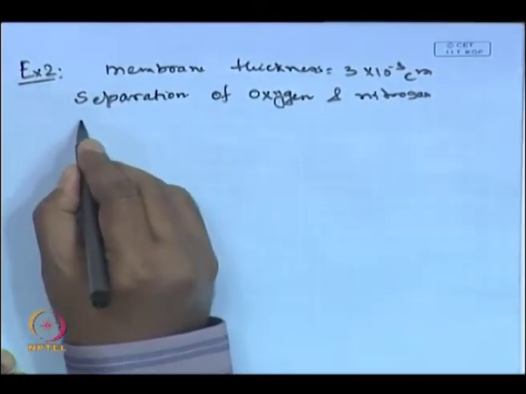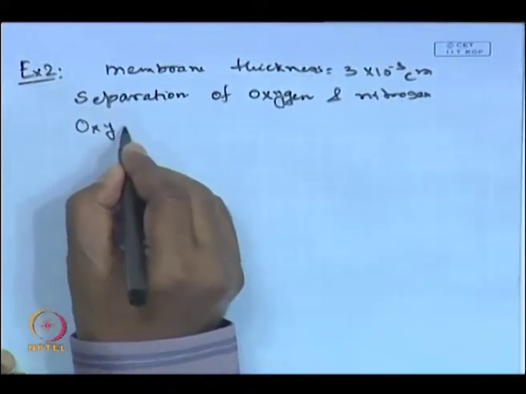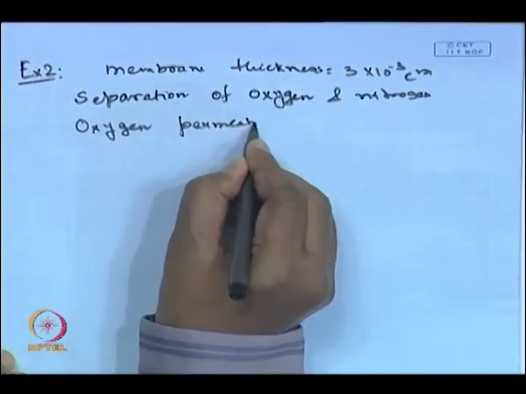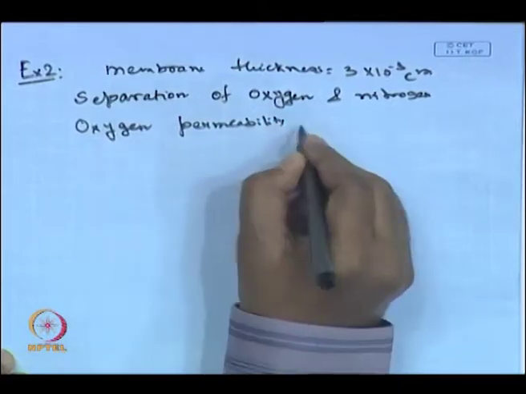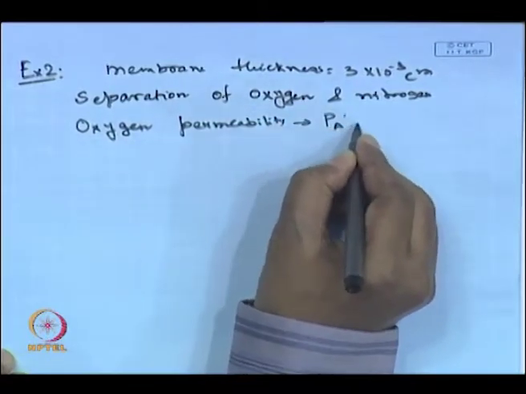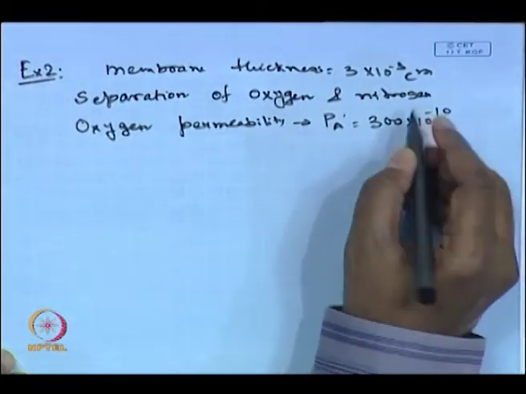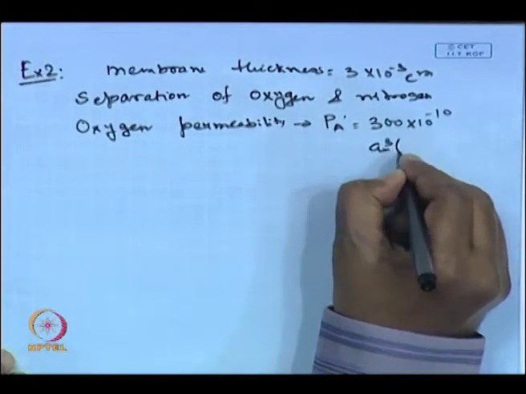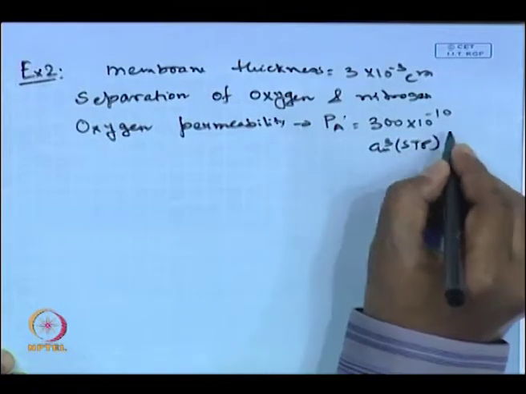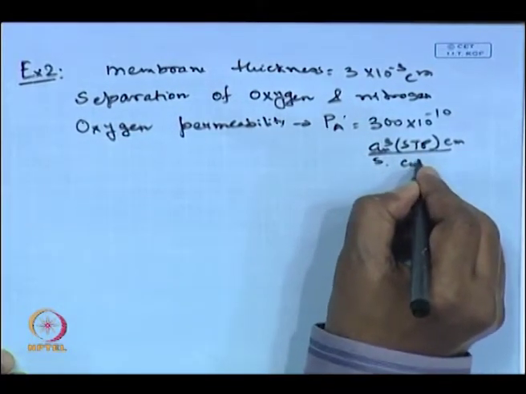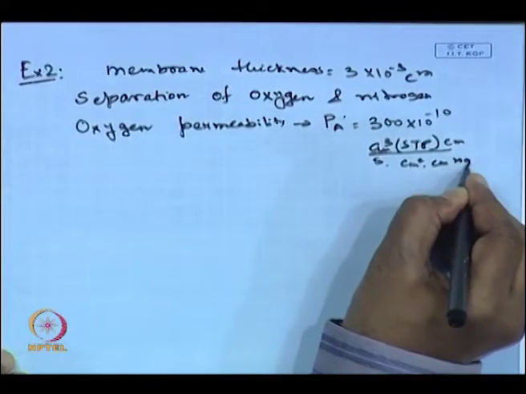The oxygen permeability with respect to the membrane is given, P A prime is 300 into 10 to the power minus 10 centimeter cube at STP centimeter divided by second centimeter square centimeter of mercury.